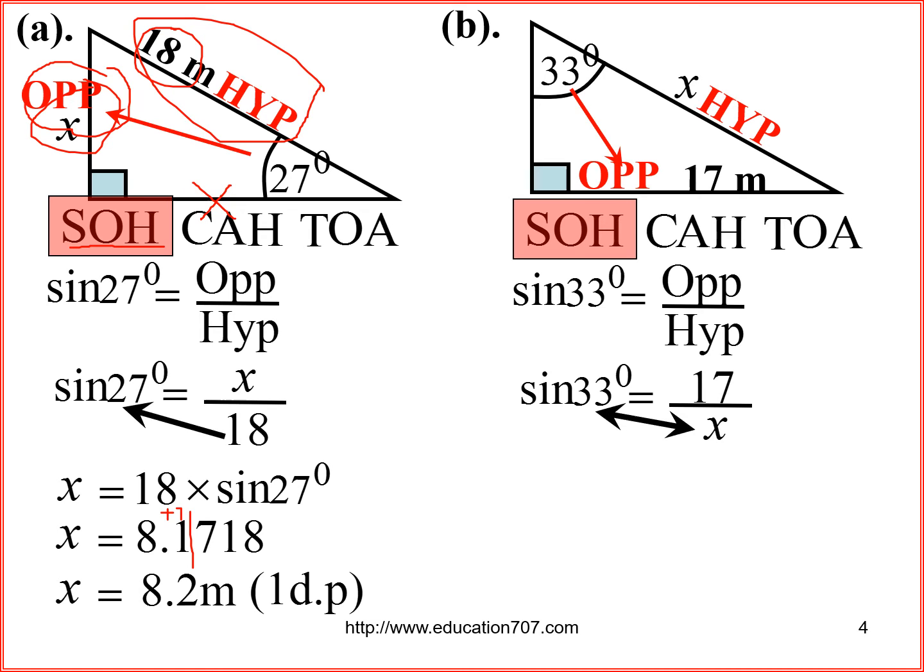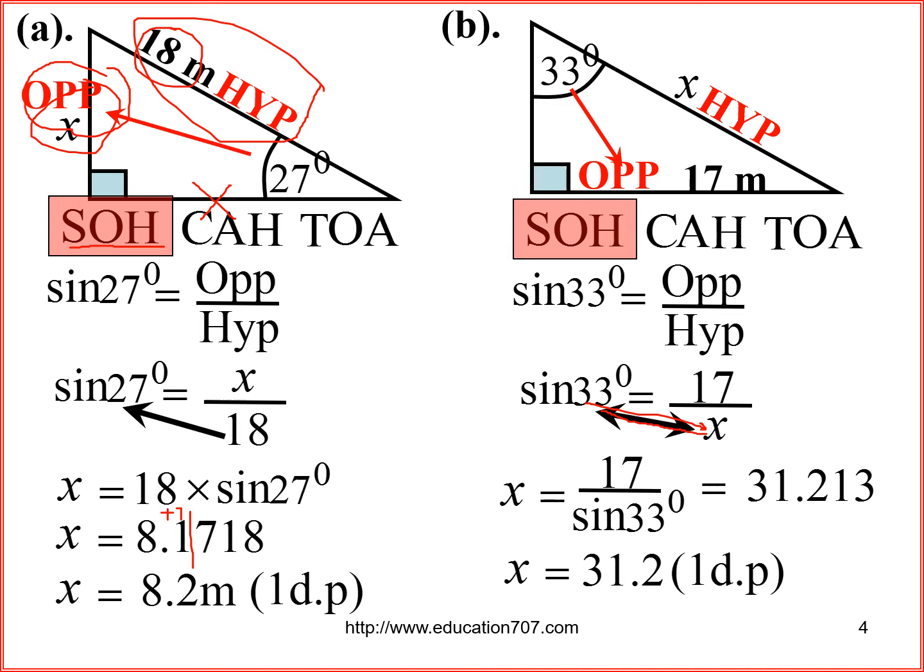So here we cross multiply. X is a division, so when it goes on the other side, sine 33 becomes the denominator. So x is 17 over sine 33, which is 31.213. So x is 31.2 to 1 dp.